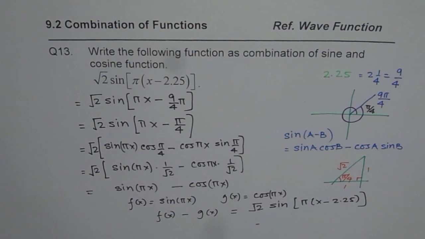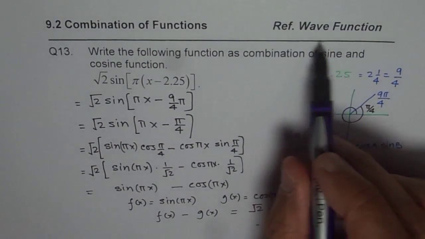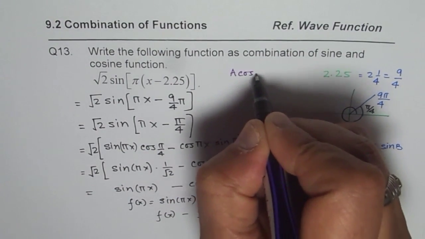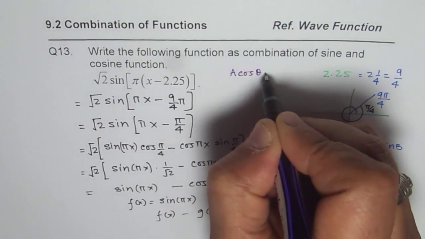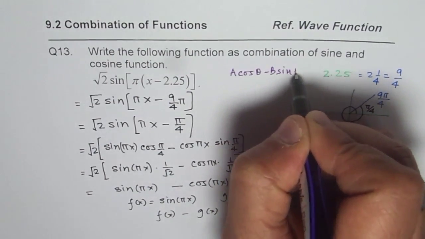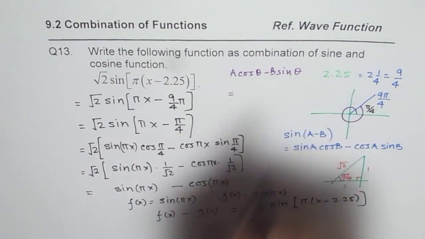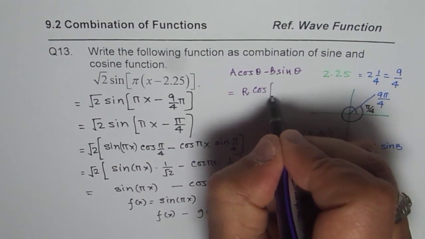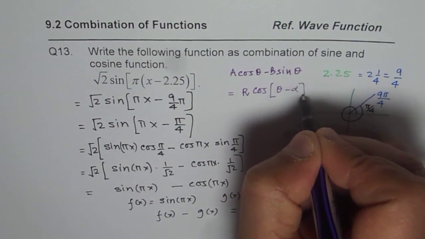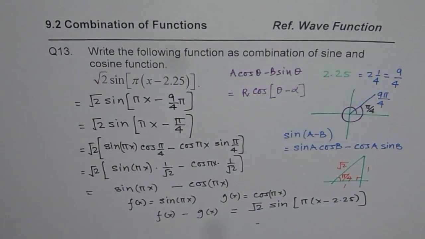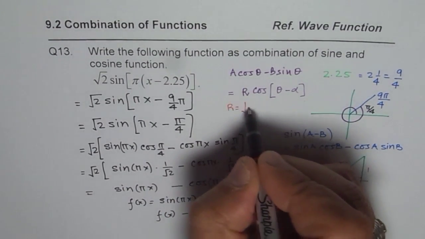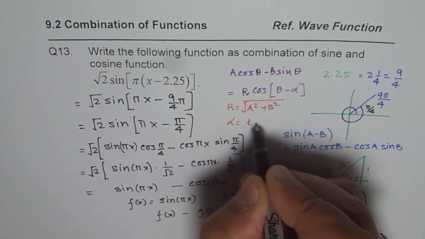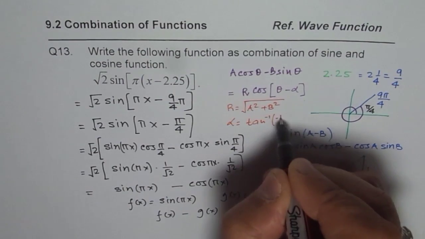Now the link which I have sent you for wave function is kind of like this, where we have studied examples to write, let us say if we have a cos theta minus b sine theta, then we could write the combination of these two functions as r times cos of (theta minus alpha), where r equals square root of (a squared plus b squared) and alpha equals tan inverse of (minus b by a).